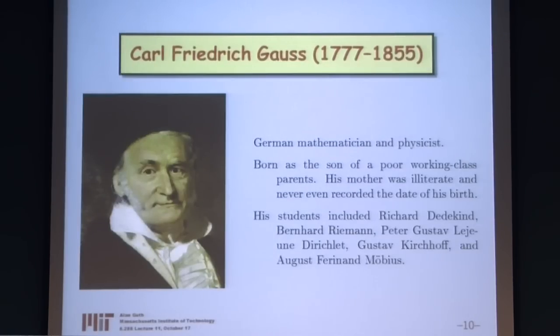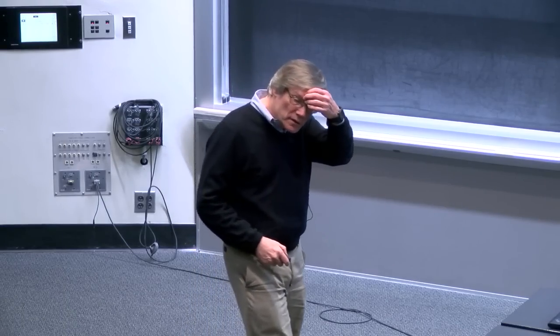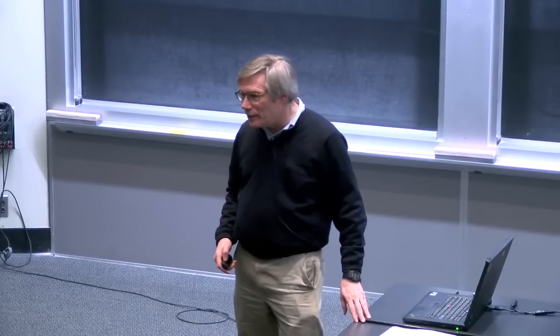Things went further in the later 1700s with Gauss and Bolyai and Lobachevsky, who independently developed the geometry that we call Gauss-Bolyai-Lobachevsky geometry, which is a two-dimensional geometry, non-Euclidean. It corresponds to what we now call an open universe that we'll be learning about in more detail later today.